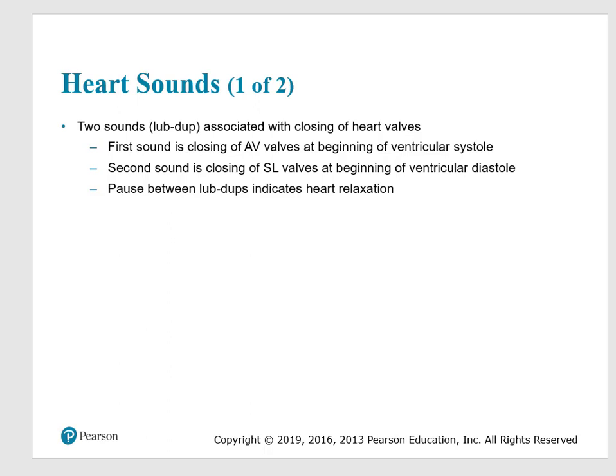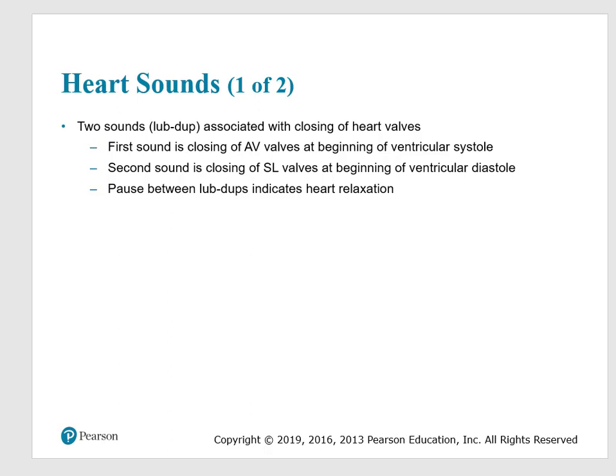And then the 2 semilunar valves between the ventricles and the blood vessels. Between the right ventricle and the pulmonary trunk you have the pulmonary valve, and between the left ventricle and the aorta you have the aortic valve. So when these valves close, that's when you hear the sounds.